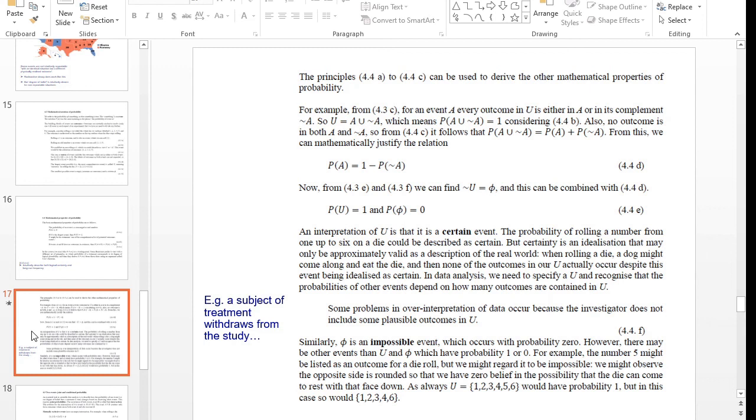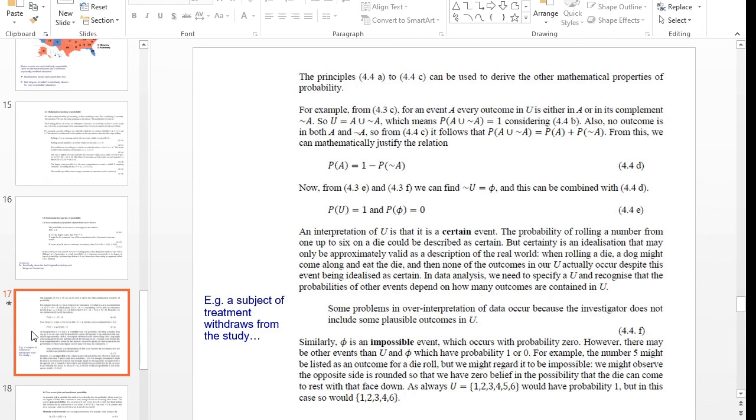So you can read through the maths for the probability of event A will, by taking those laws of probability and the definitions, is simply 1 minus the probability of not A. And considering that again, since the probability of the universe, the probability of one of a comprehensive set of outcomes happening is defined as 1 in the second law of probability, that means the probability of the empty set phi is 0. Okay. And there's a little bit more to read.